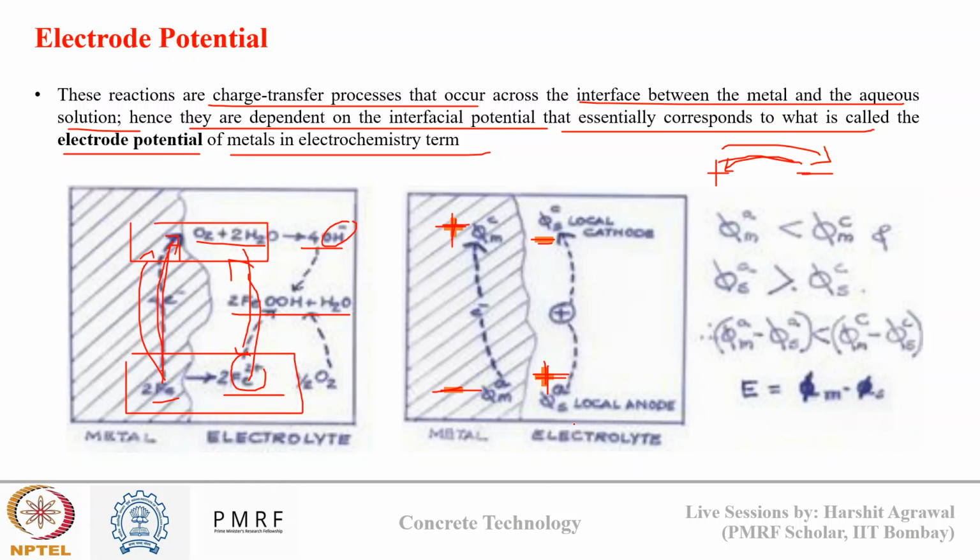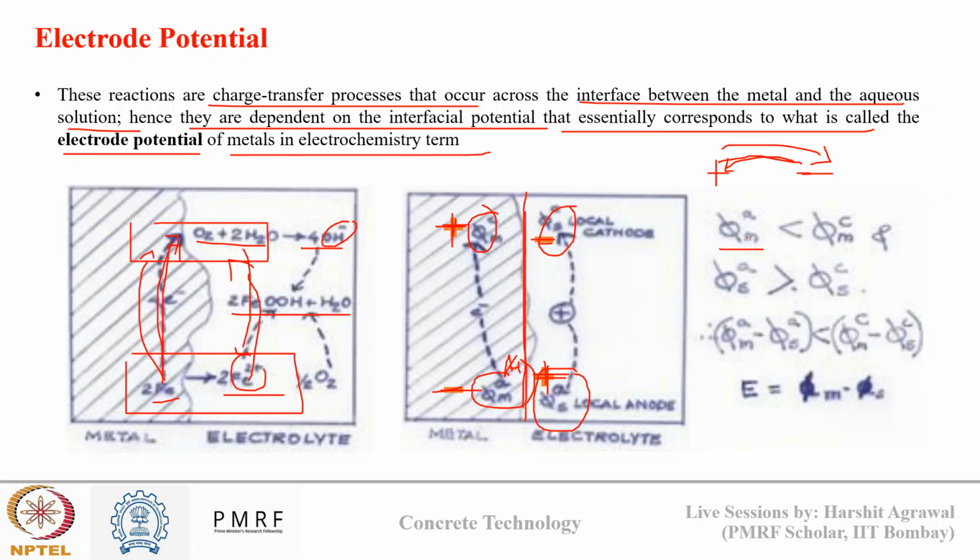If we compare the potentials inside and outside, at this anodic side we can say the potential inside is lower than the potential outside. Inside the steel, this potential here is lower than this potential here. And outside the steel surface we know the potential at this position is greater than the potential at this position because of the movement of ions.